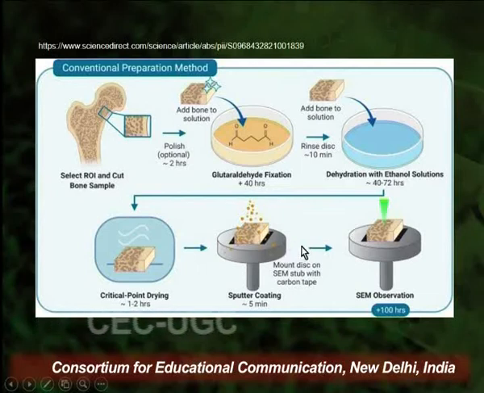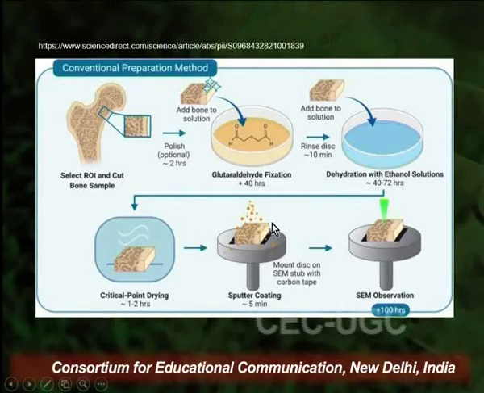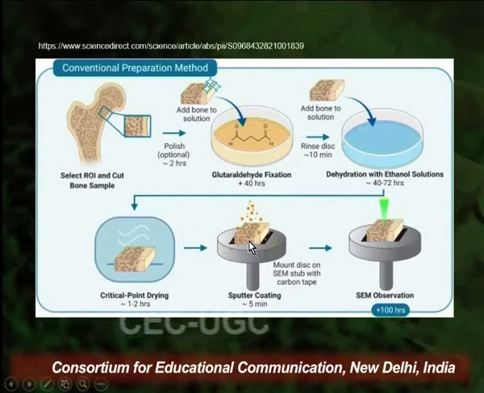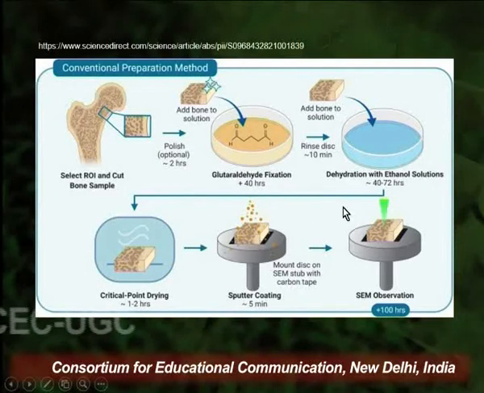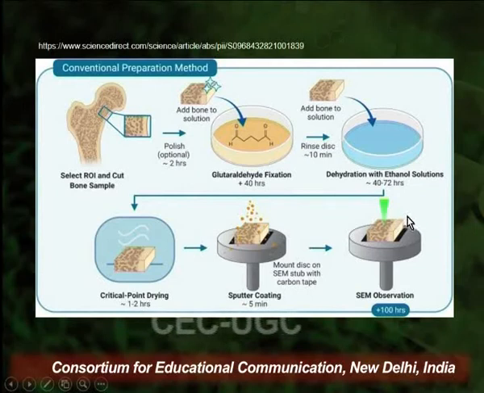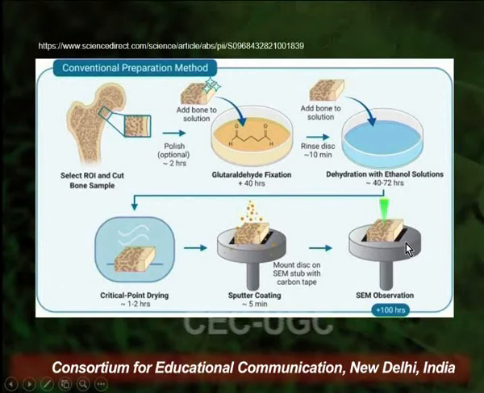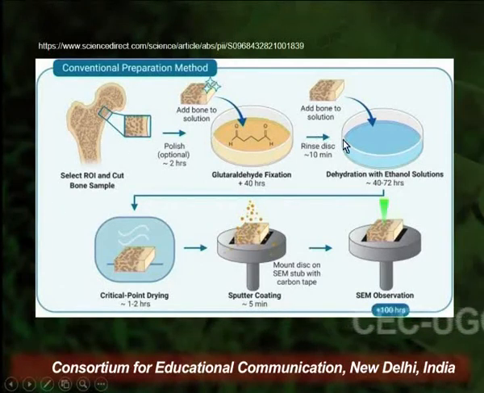In this process, the organic sample is gradually washed out, and the metal coating which conforms to the topography of the surface remains there, and then this sample is mounted on a metal stub. It is mounted on a disc of metal stub for further scanning electron microscope observation. So the entire process can take up to 80 to 100 hours.